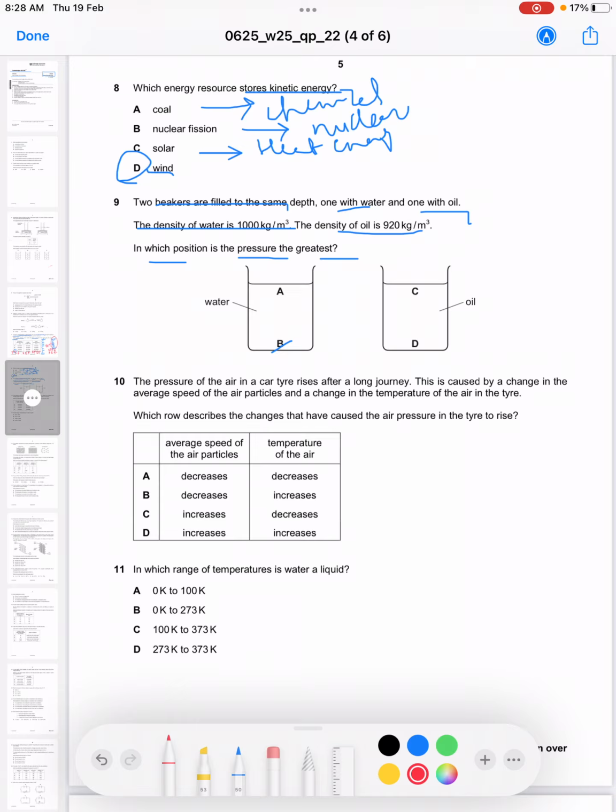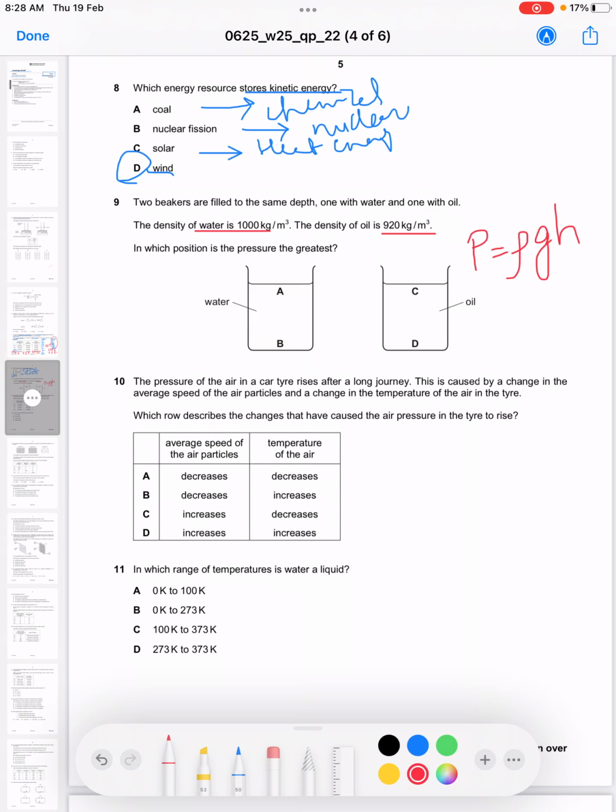So students, we know that pressure is equals to rho g h, right? So at which position, first let's compare the densities. Density of oil is less than the density of the water, right?